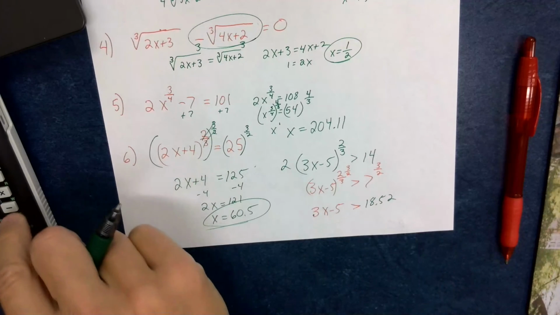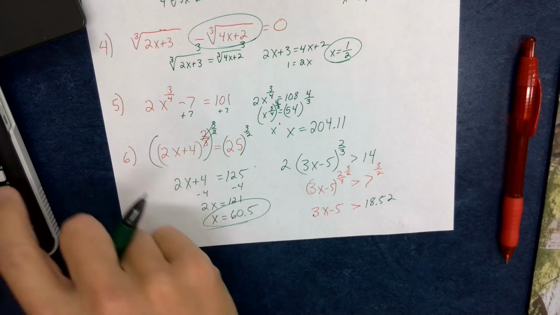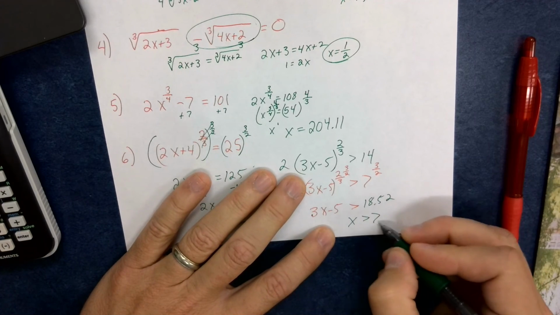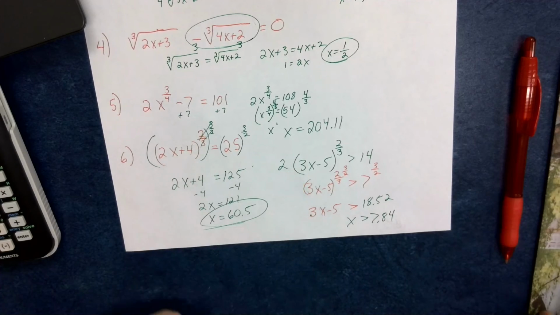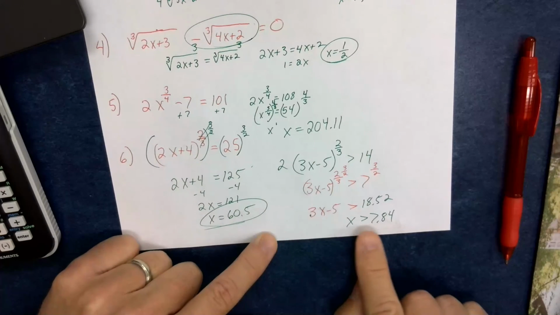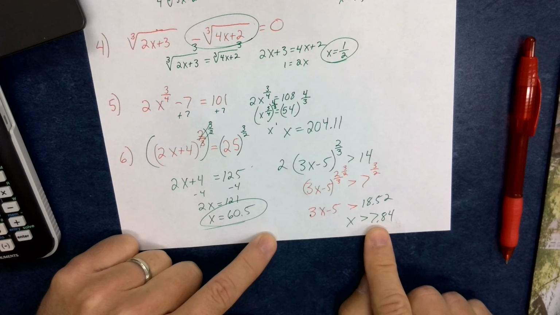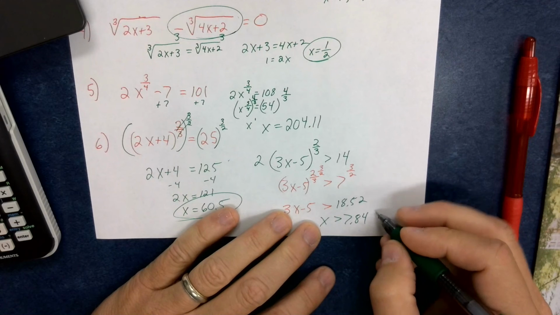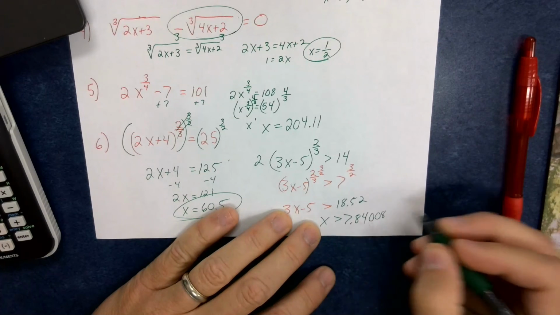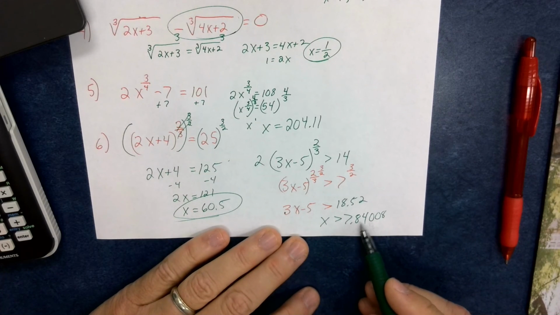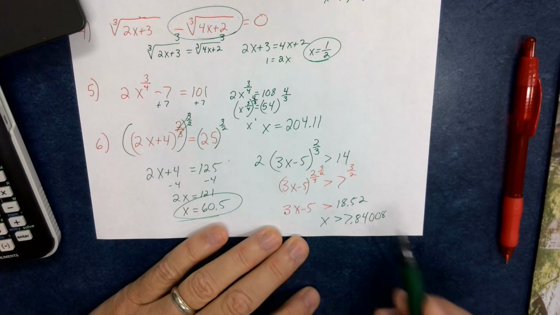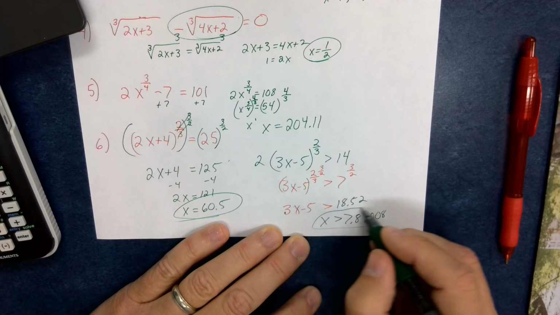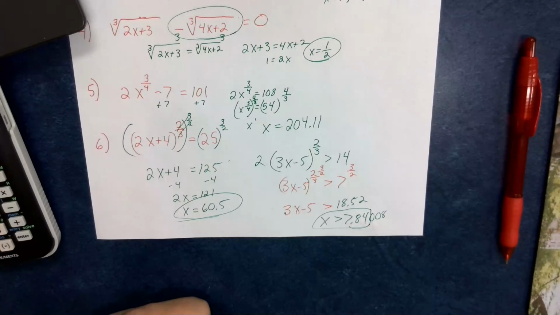And I add 5, enter, and then I divide by 3, enter, and I get x is greater than 7.84, which means if I'm looking for values of x, then not only would 7.84, technically it's like 7.8.0086, so like say 7.85 would work, 8 would work, 9 would work, 15 billion would work to make this true. That's just kind of my boundary. So we're going to kind of cut it off right about there, and we'll call that good enough.